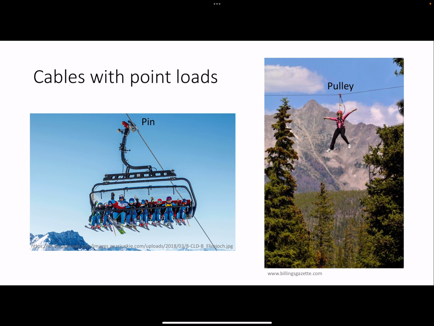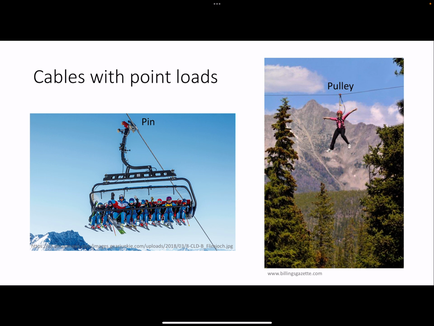Now, these two different categories require different analysis approaches. Basically, the pin type or ski lift type is what we're going to be dealing with in this class. That one breaks the cable into individual segments. The tensions will change from segment to segment across a load, but it's a easier analysis.